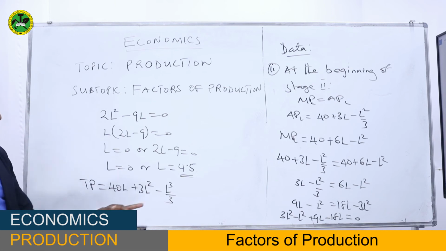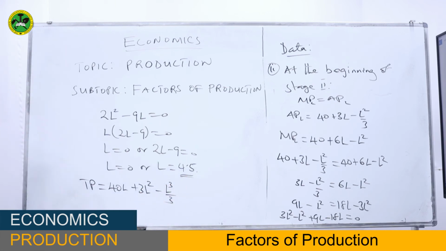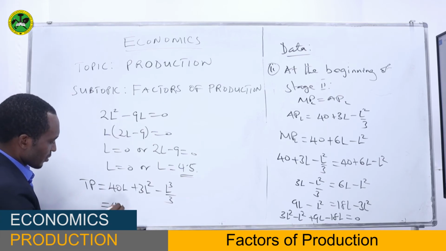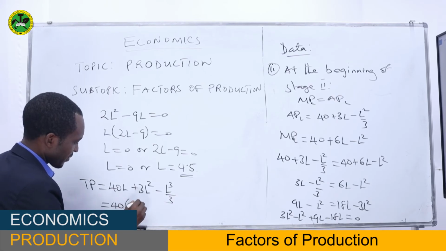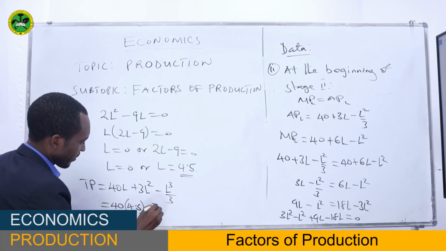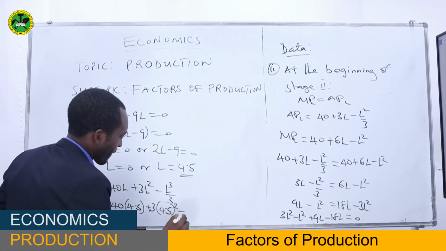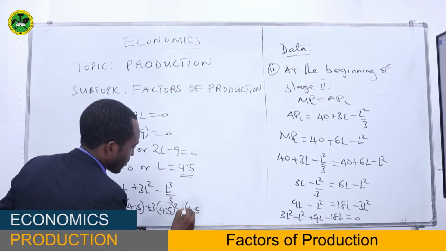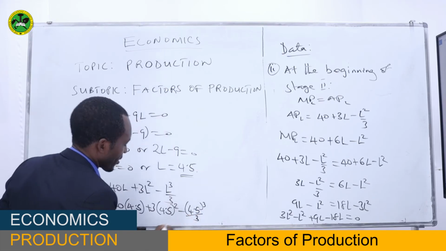So you plug this unit of labor into this equation: 4 times 4.5 plus 3 times 4.5 square minus 4.5 cube over 3.